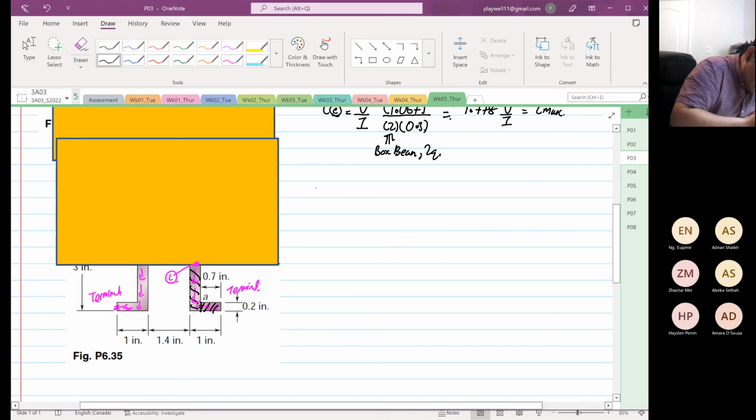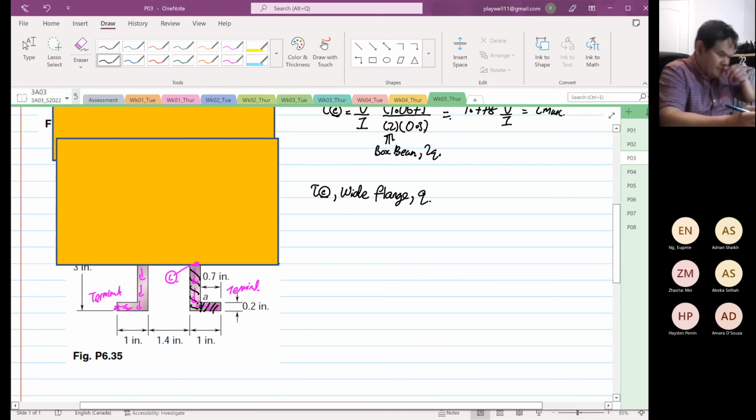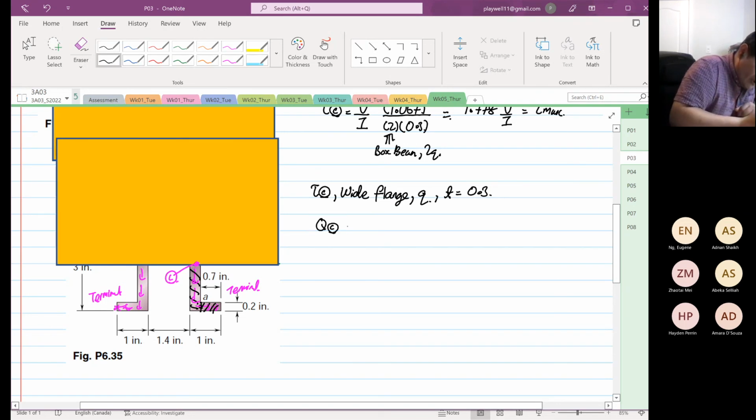Okay. So again, the shear stress at point C, we have a wide flange analysis. And now Q, this is just Q, okay? And when we do it, our thickness is equal to 0.3, okay? So the first moment of area at point C is equal to, I'm going to call this our flange, and this is our web.